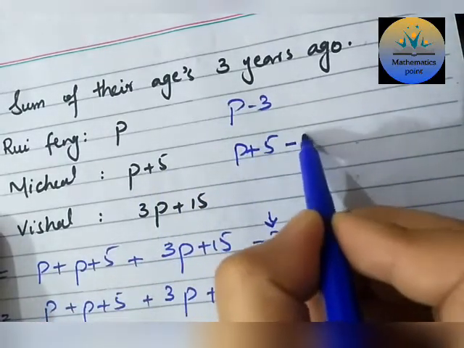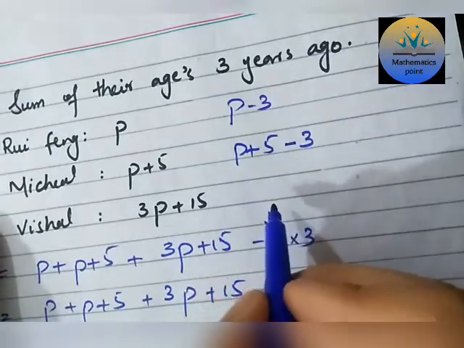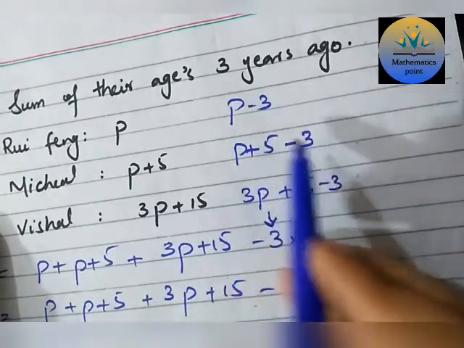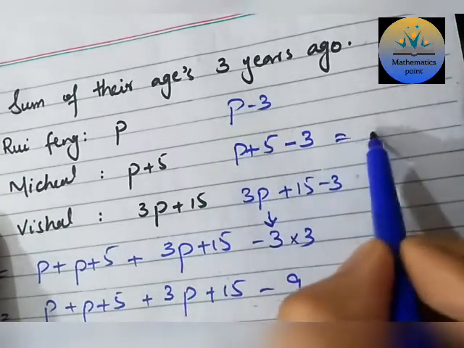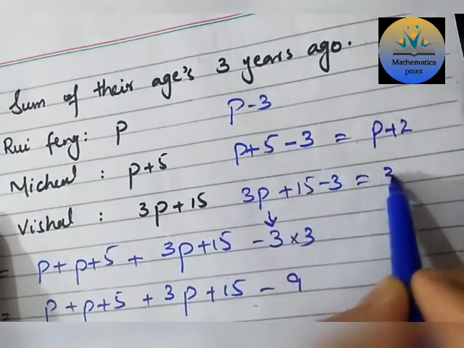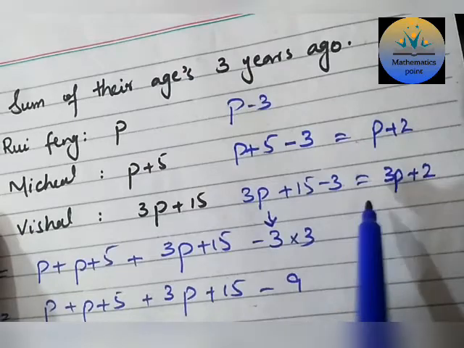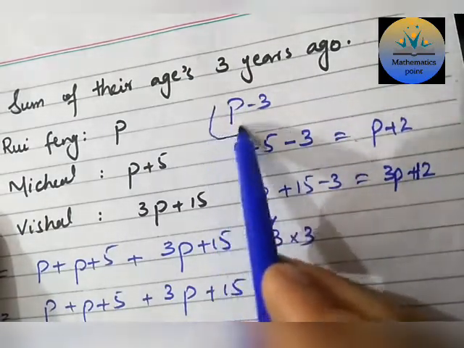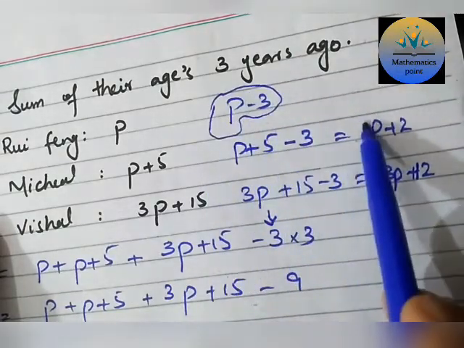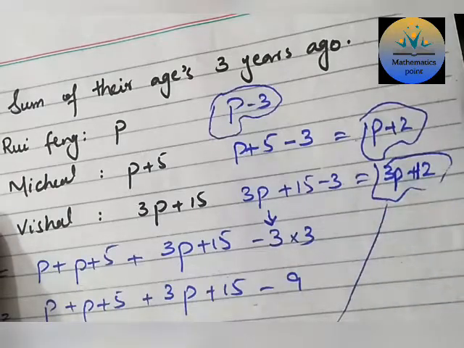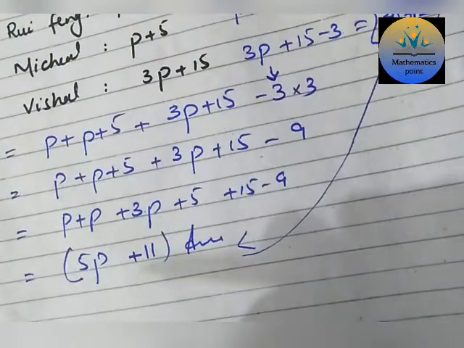Now for 3 years ago, subtract 3 from all the ages: 3p plus 15 minus 3. Solving this gives p plus 2 and 3p plus 12. Now you just have to add p minus 3, then p plus 2, and this. The answer would be the same as I had this time. So you can solve with both the methods.